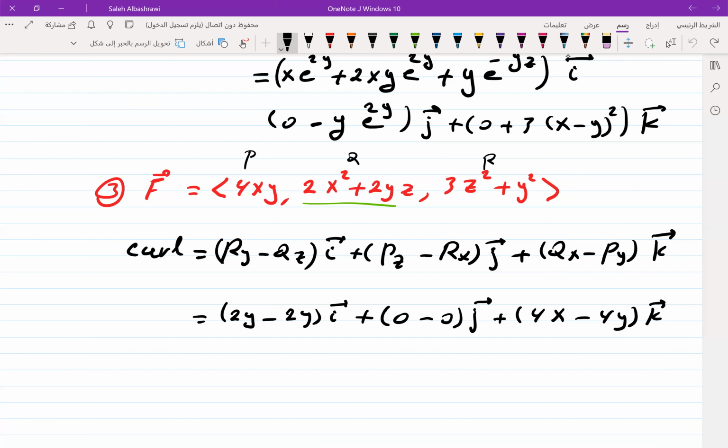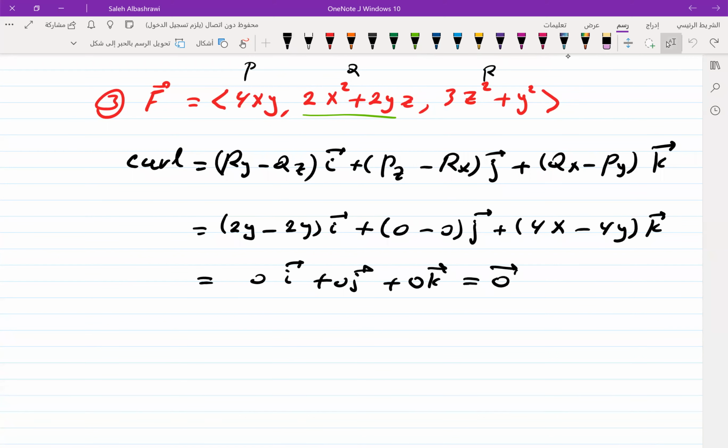And this is 0 i, 0 j, 0 k, or simply it is just 0 vector. So now I have the curl of the vector function is 0.